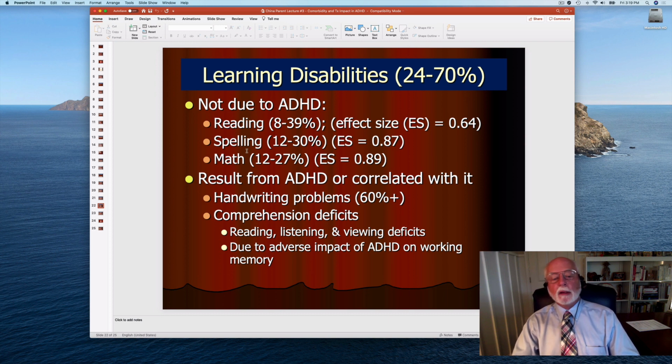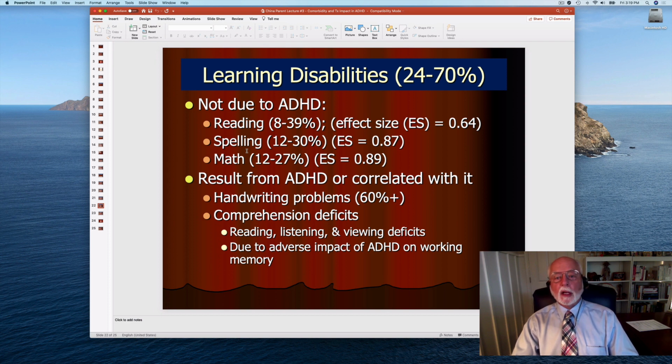Now, having said that, there are a couple of academic or educational problems that ADHD does create. One is delayed motor coordination, and particularly delayed development of handwriting and poorer handwriting when it does develop.